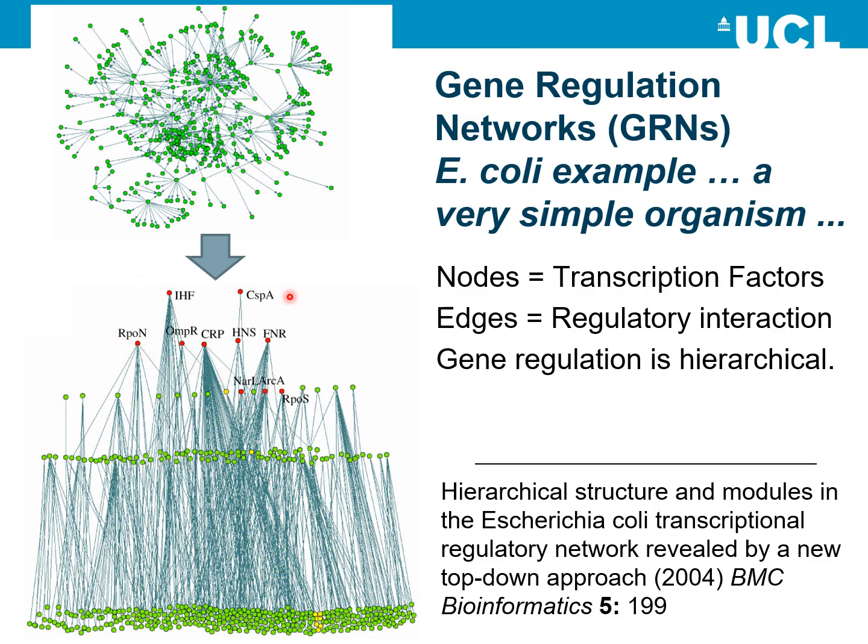One of them, the CRP protein, decides whether the bacteria is in an anabolic state or a catabolic state. Is it building larger molecules from smaller ones like glucose and amino acids? Is it building up proteins and building up glycogen?